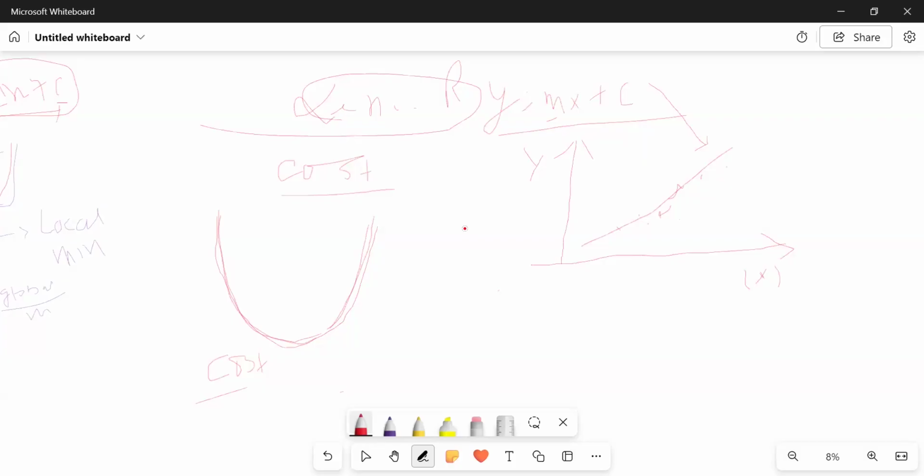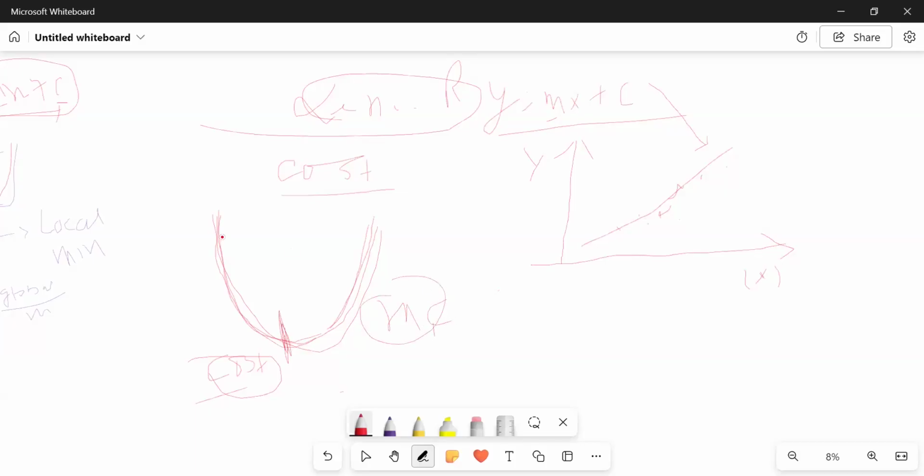This is what we need to do mathematically. If my cost function is very bad and I'm not able to minimize it, your model will not be good. It will not give a good prediction. So whatever the cost function, I have to minimize it. If your cost function has this graph, a parabola, where can I find the minimum value? At this point. So at this point, what can be my m and what can be my c?